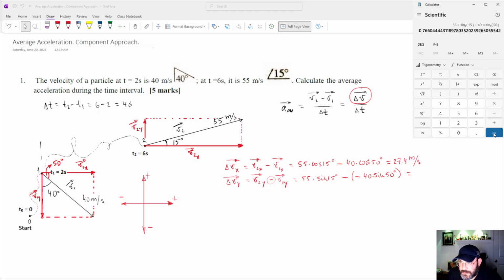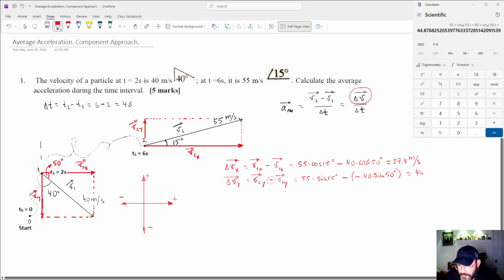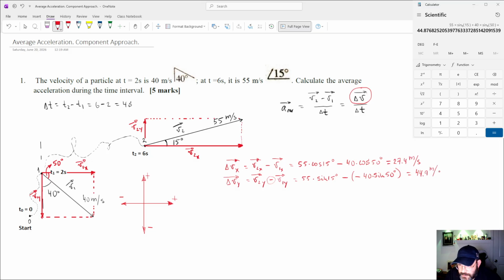This is equal to 44.87, so it's 44.9 meters per second. You can go a bit more accurate here, maybe up to the fourth or even fifth significant figure, whatever you like.